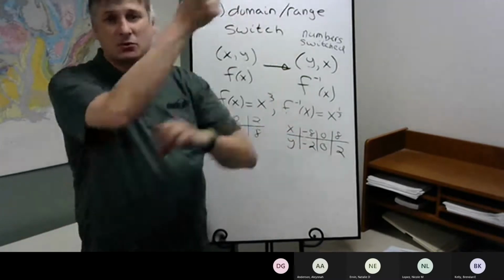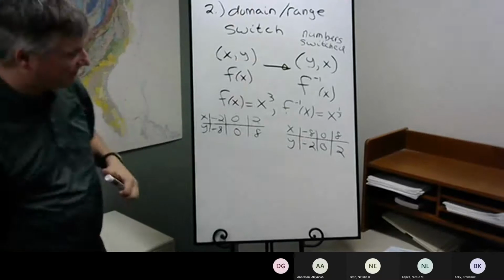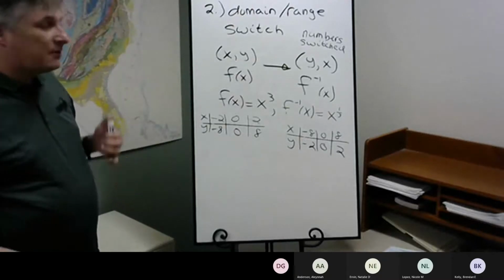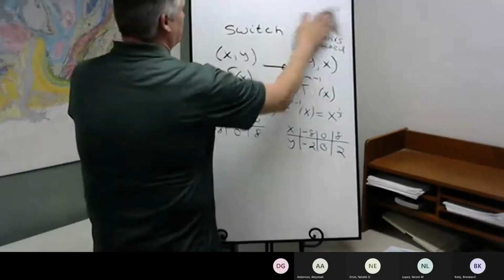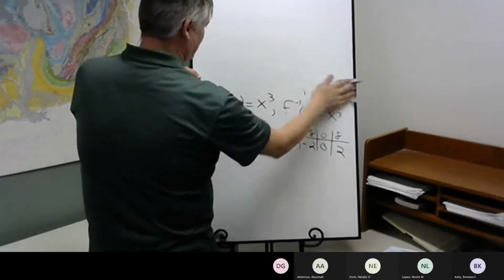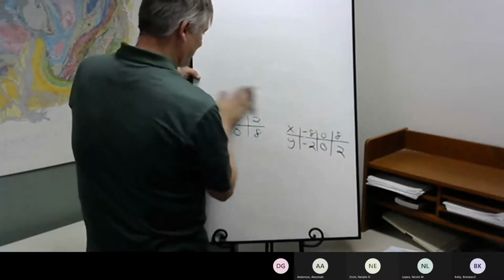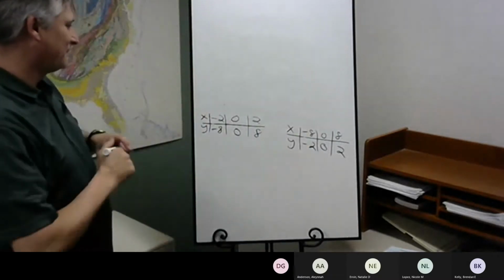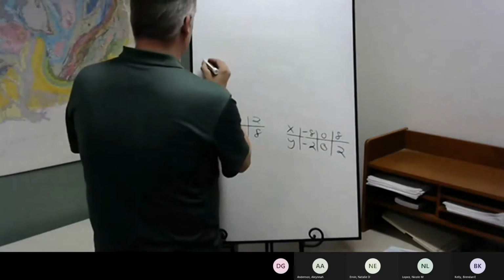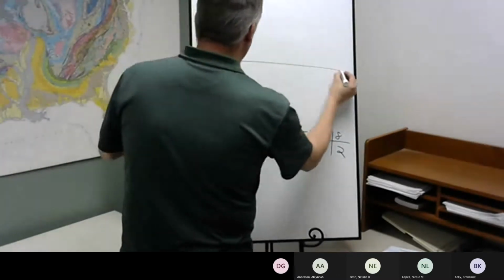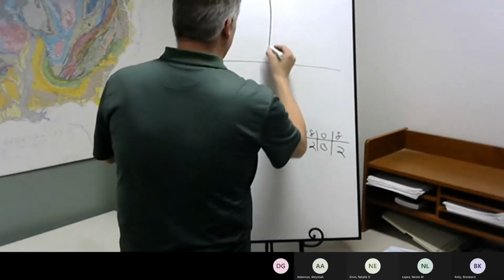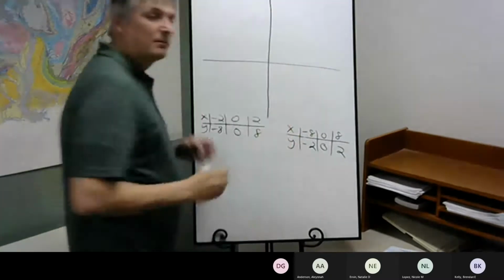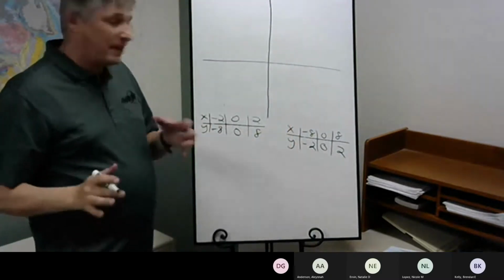The numbers have switched is what's happened. So if we graph this, and if I'm going too fast, let me know. I can slow down.